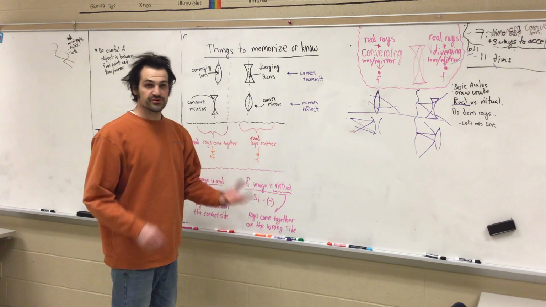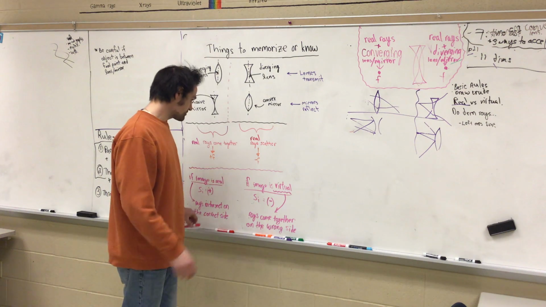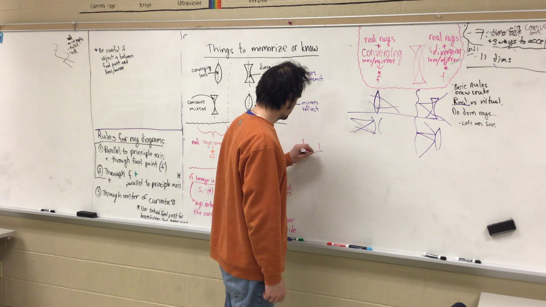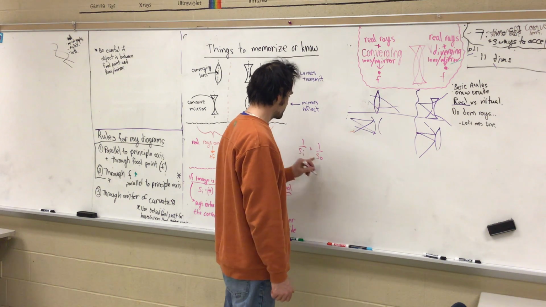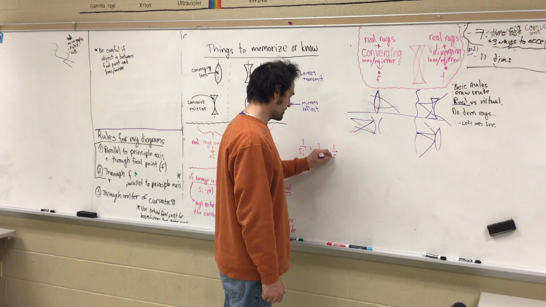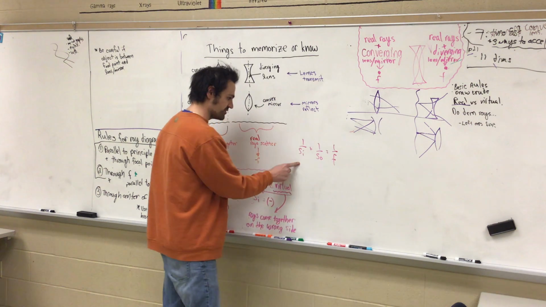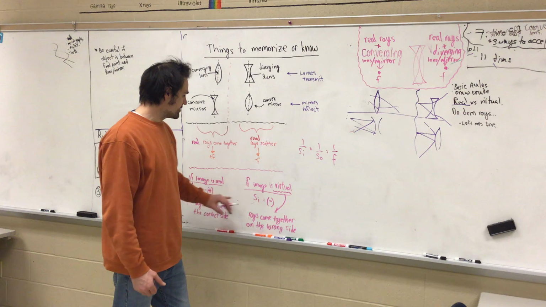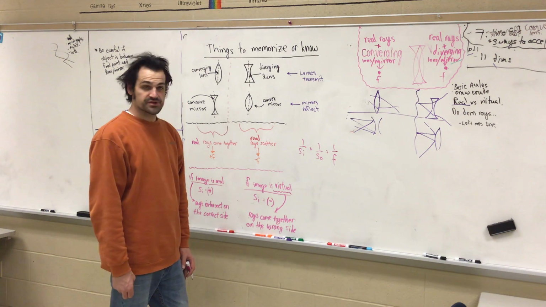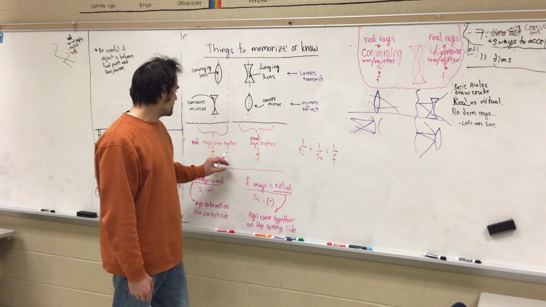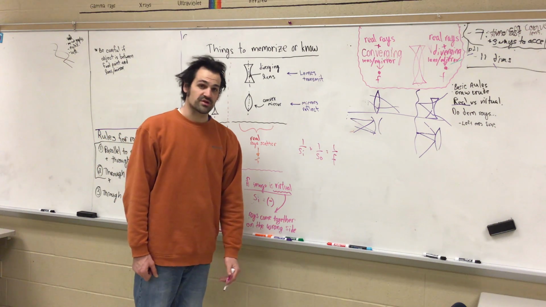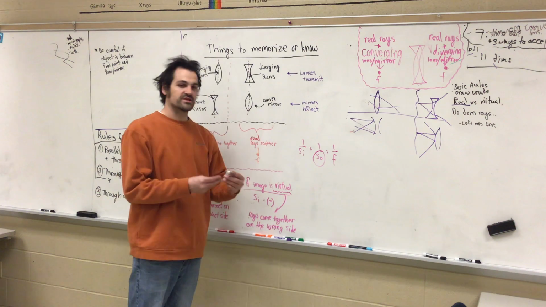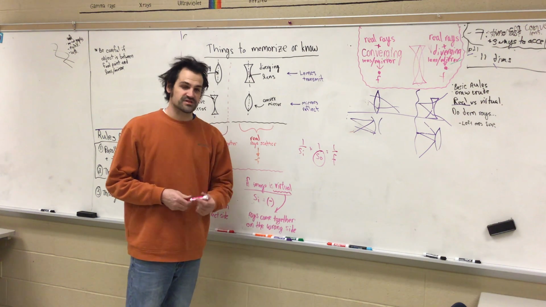So whenever you use your thin lens equation, 1 over SI plus 1 over SO, image distance, object distance, equals 1 over your focal point. When you plug those values in, you need to make sure that your image distance is correctly positive or negative. You need to make sure your focal point is correctly positive or negative. Now notice I never discussed the object distance, whether it's positive or negative.